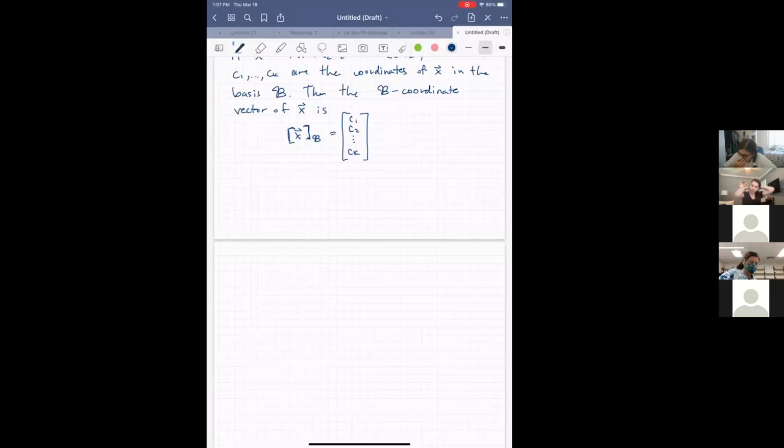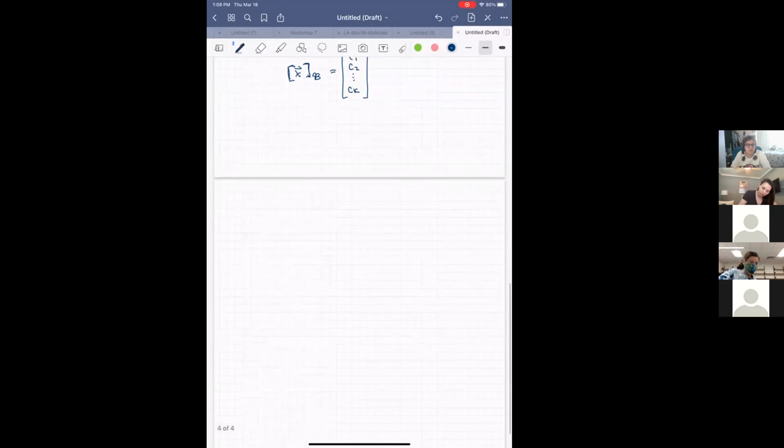So let's do an example where we take a basis and a vector. So we take a basis for a subspace, a vector in that subspace, and we represent it using these coordinates. So I'll just do this down here. So say our basis is going to be these two vectors.